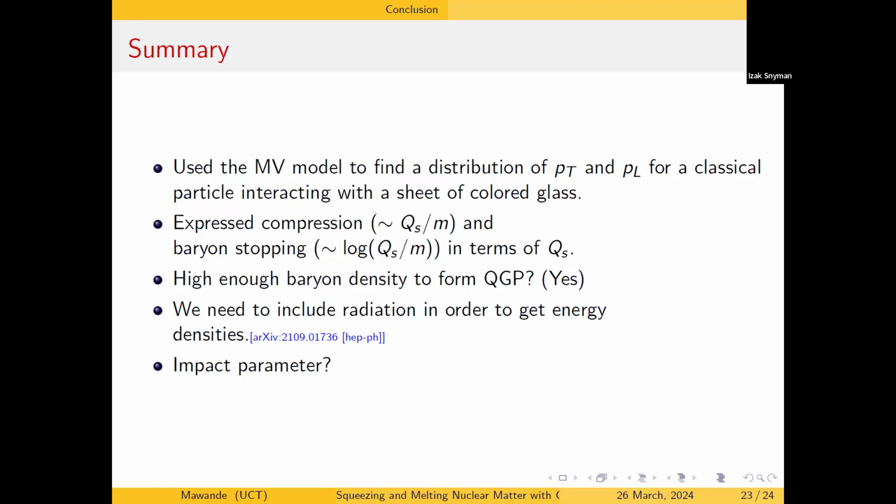I'll tell you what can be done. Right now we assume this is a classical particle. It has been done in a more sophisticated way, where you actually solve the Dirac equation for the fermion.